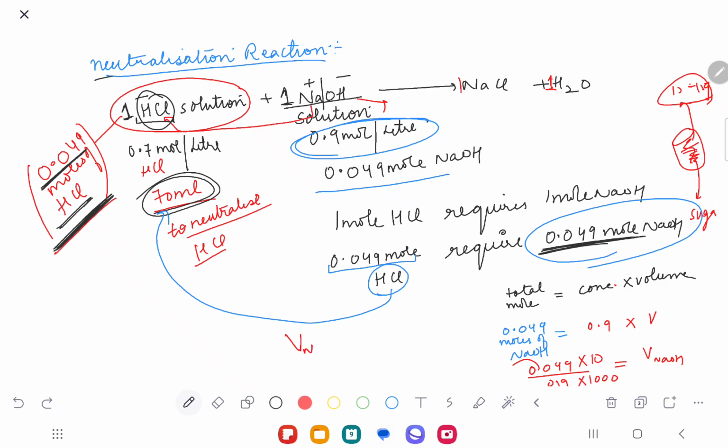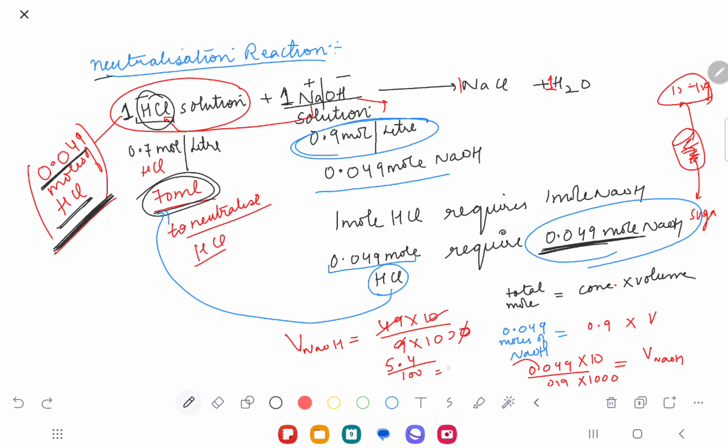So volume of NaOH shall be what? It should be 49 into 10 over 9 into 1,000. So 10 cancels 10, and I will have somewhere around 4.9. So 9 5s are 45, and then 40, 9 for the 36. 5.4 over 100.